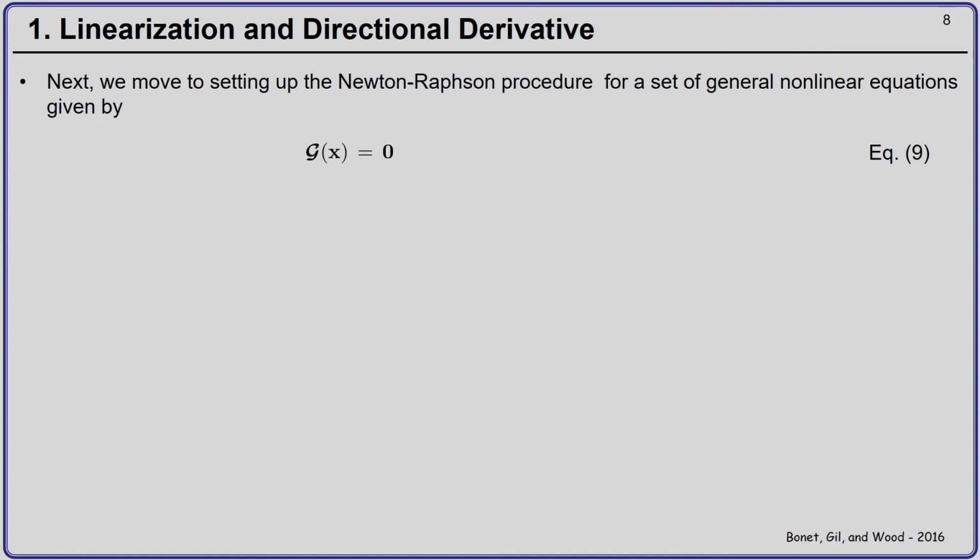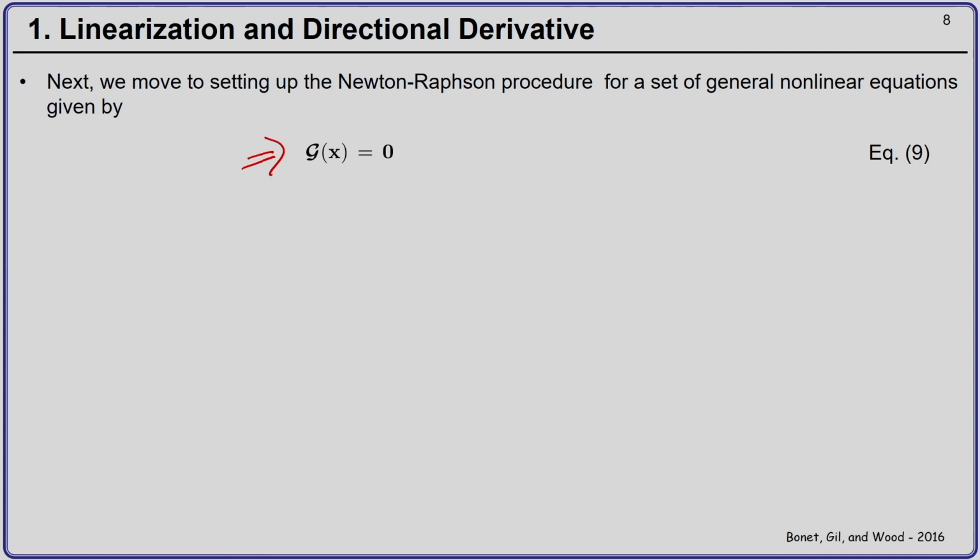Next, we move towards setting up the Newton-Raphson procedure for a set of general nonlinear equations, which are given by g(x) equal to 0. You notice that instead of scalars, now we have bold symbols. Scalars were simple non-bold symbols.